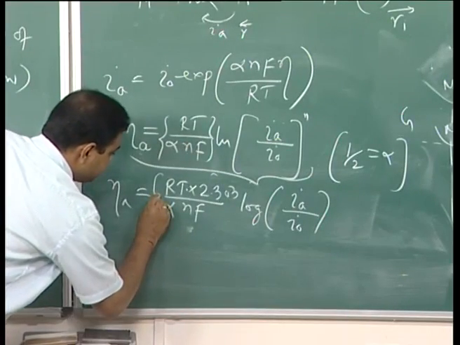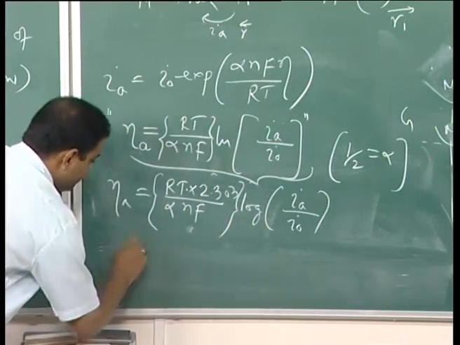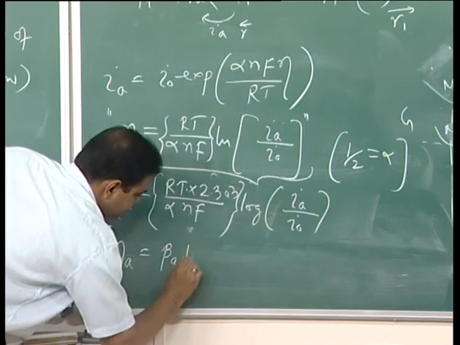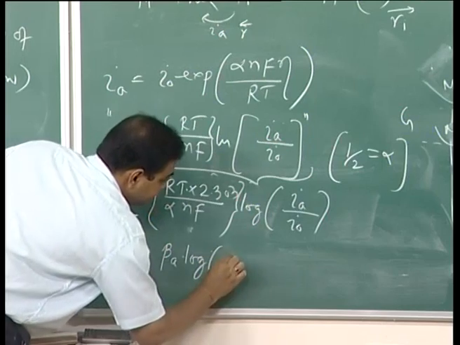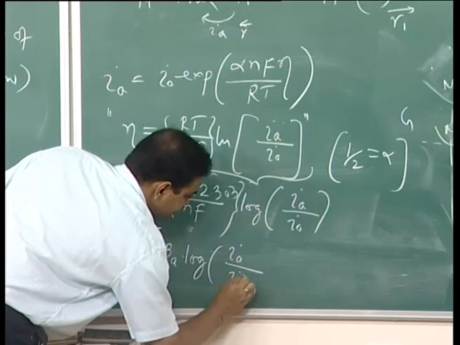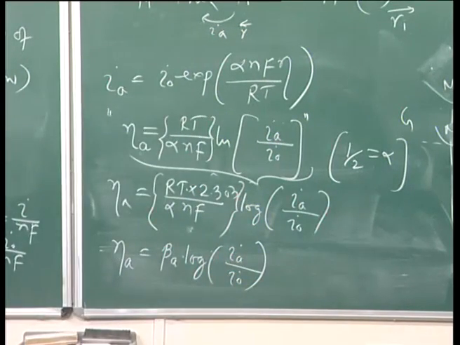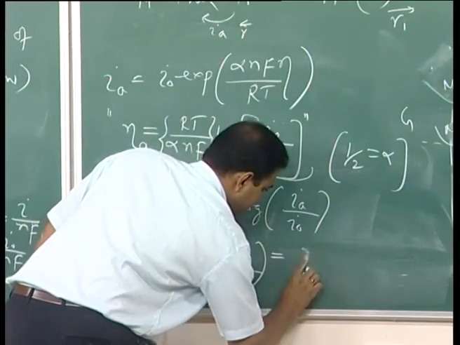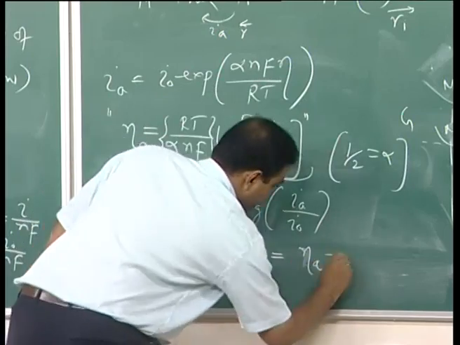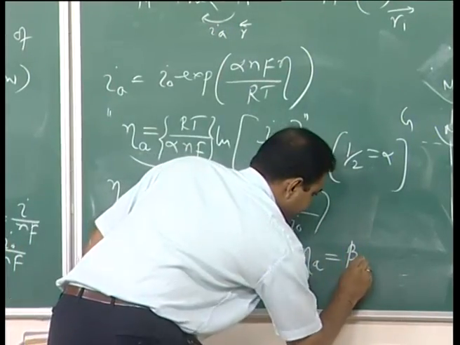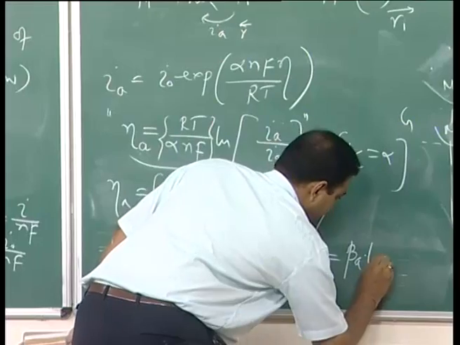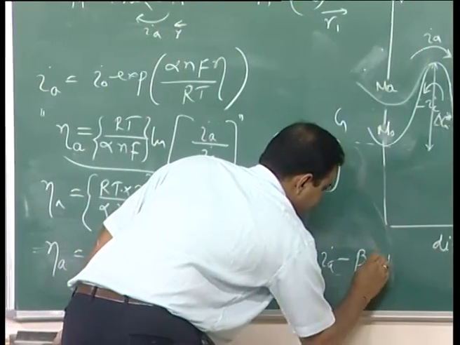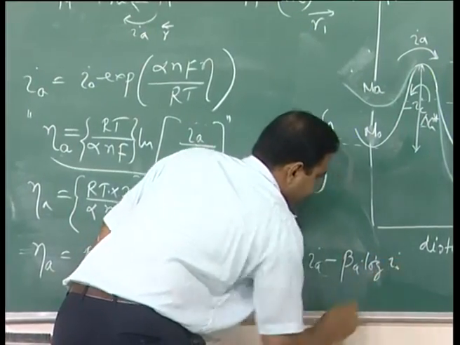So, this part we put in the form of beta. So, I can write it like this: eta A would be equal to beta A log of I A minus beta A log of I 0.